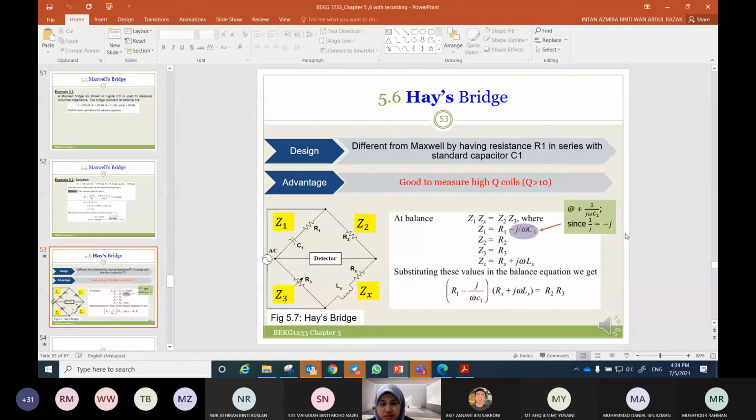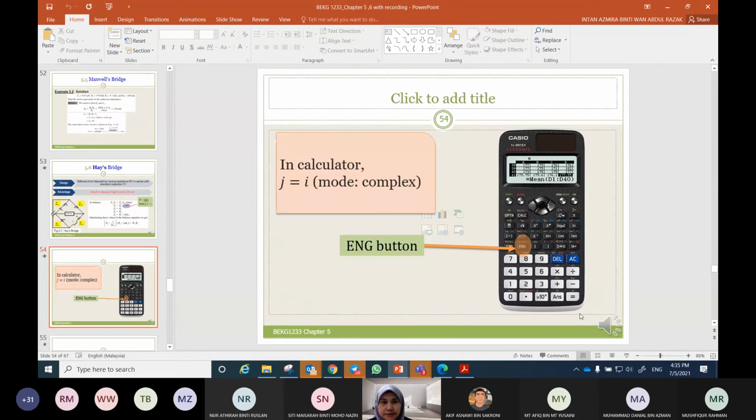You can just write like that, and then multiply with Zx, where Zx is equal to Rx plus j omega Lx, and that is equal to Z2 Z3, which is R2 R3. In the calculator, j is equal to i. ENG button.